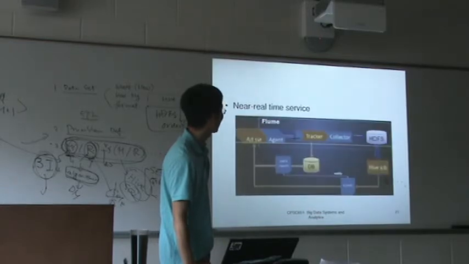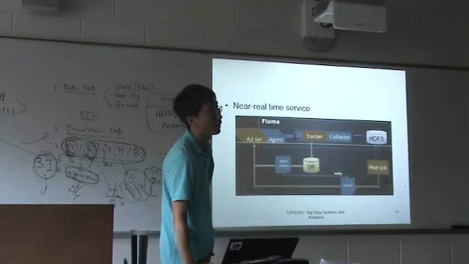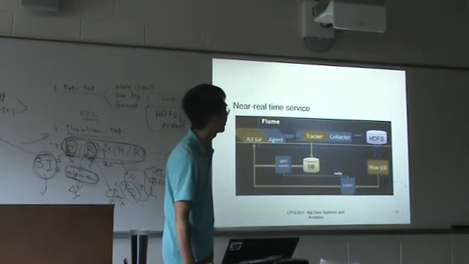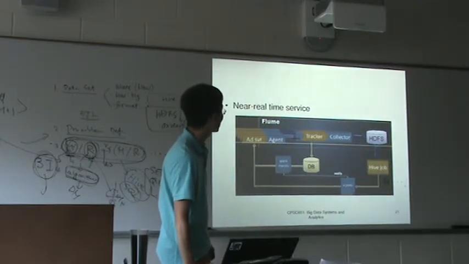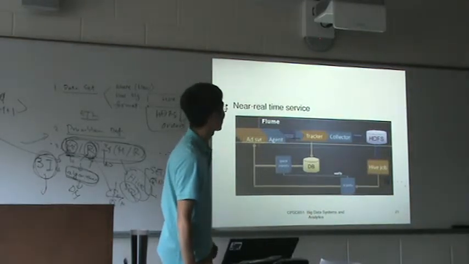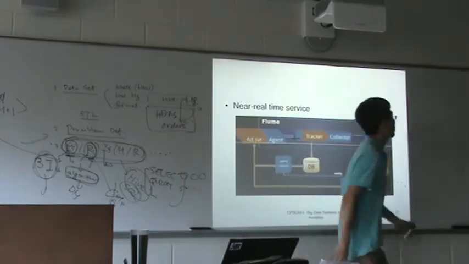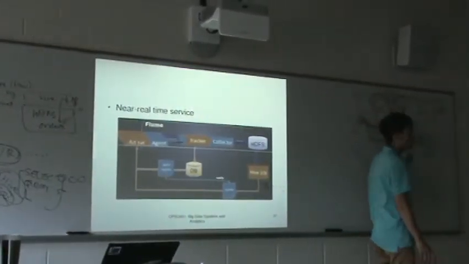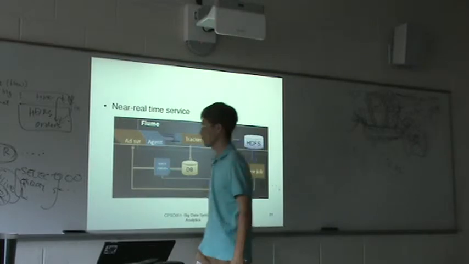Something like that. There's an interface. And also, if you need near real time, okay? There's no really real time, but near real time service may be possible. If the data transfer time is critical, you can design even such a thing.